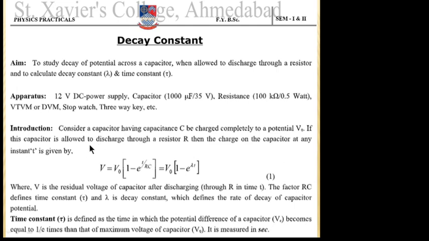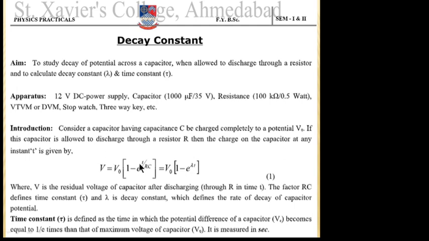Now, as we are considering a circuit, we will be measuring the potential across the capacitor. The stored capacitor value V for a charging capacitor is V0 times 1 minus e to the power minus t upon RC, and 1 over RC is lambda, so it is also written as 1 minus e to the power minus lambda t.